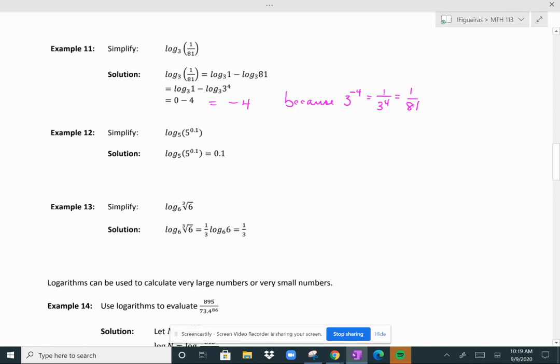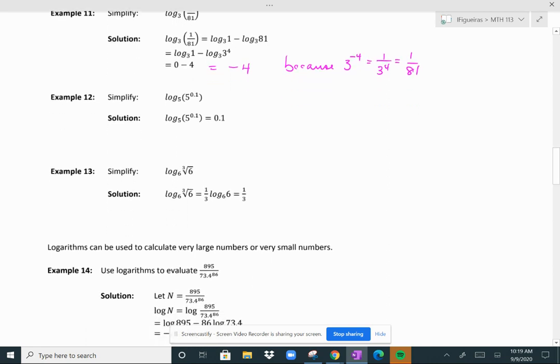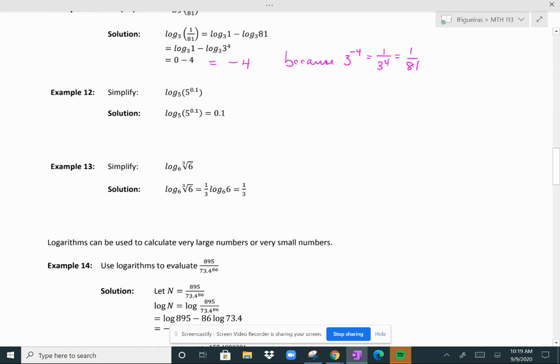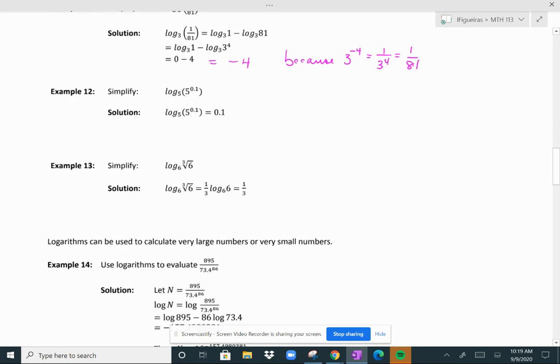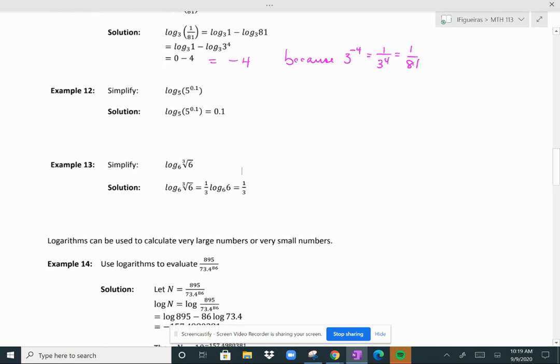We can also use logarithms to calculate very large numbers or very, very small numbers. So that's like a practical reason to use logarithms. So suppose we wanted to evaluate 895 over 73.4 to the 86th power.